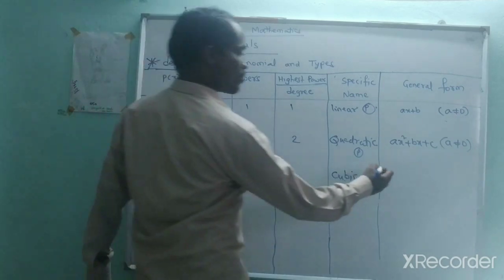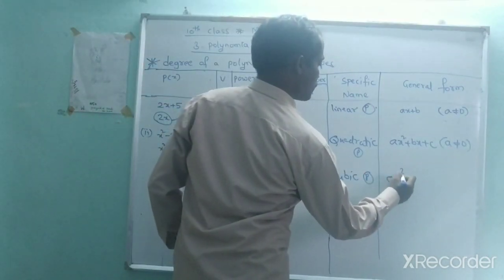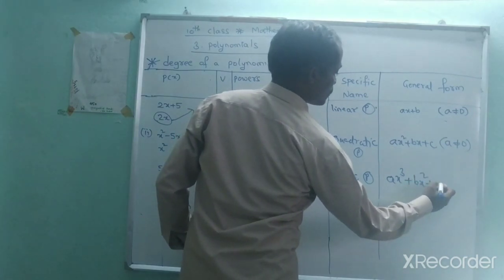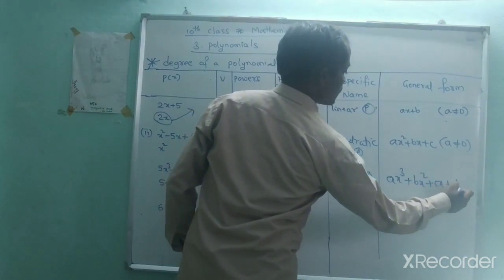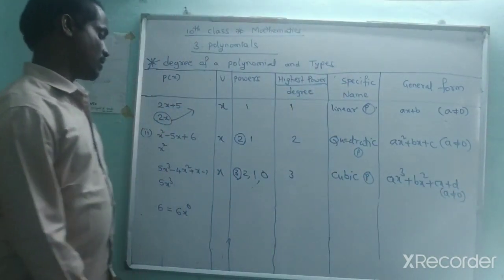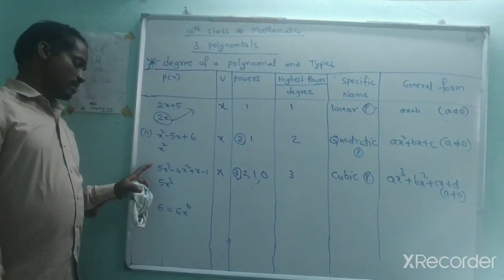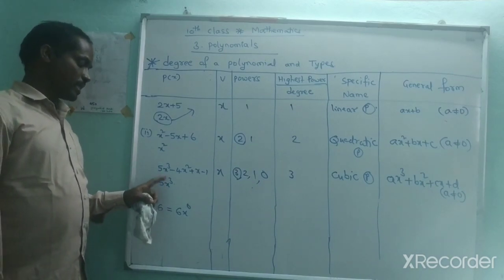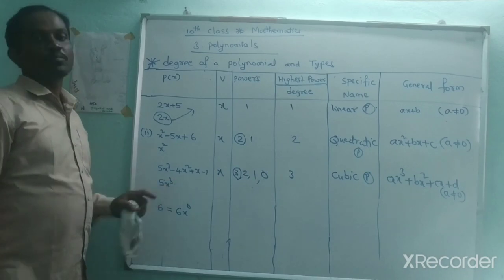The general form of a cubic polynomial is ax cube plus bx square plus cx plus d. Here also one condition is there, a not equal to 0. In this example, if we write only 5x cube, it is also a cubic polynomial.